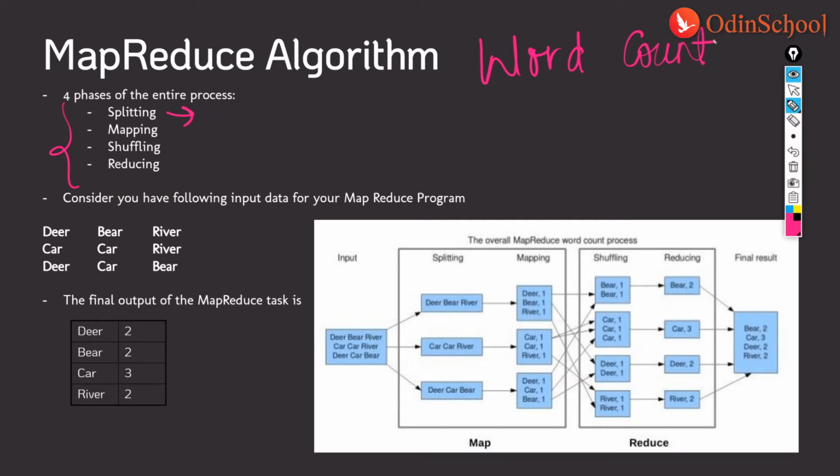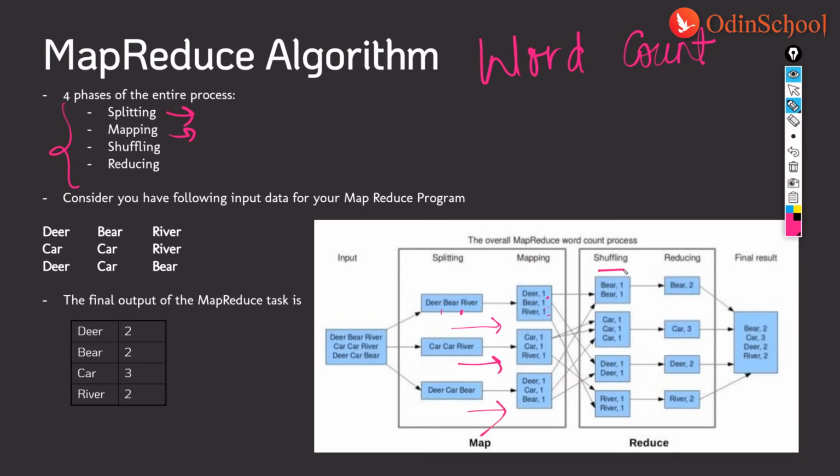It splits the entire file into lines, and those lines along with their positions are the input to the mapper. The mapper has the business logic: we have a line, we divide that line into words, and for every word we assign a static value 1. This way all the lines are given to different mappers.